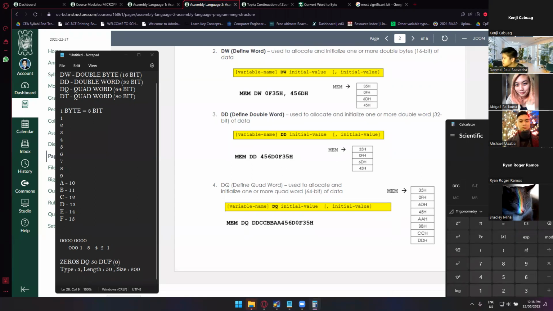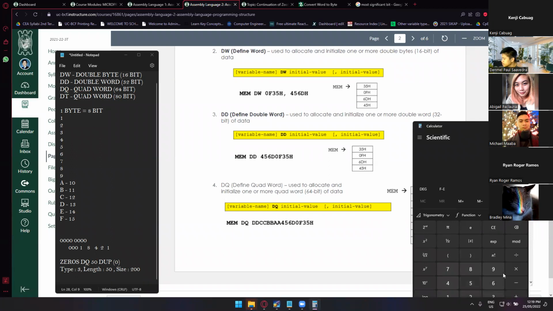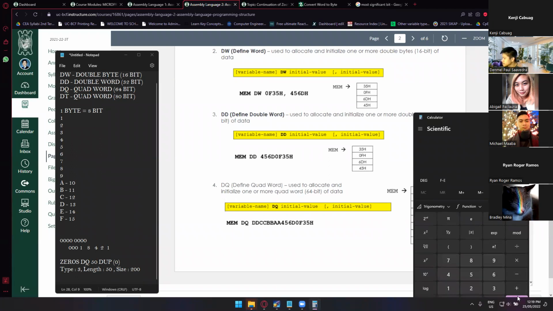My bad, it's divided by 8 only. So double word is 32 bits, and 32 divided by 8 is equal to 4 bytes.